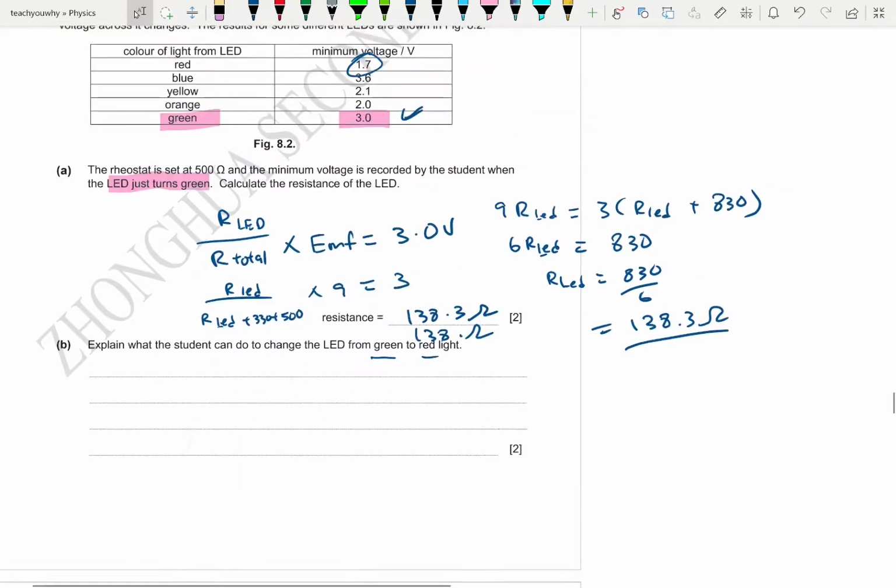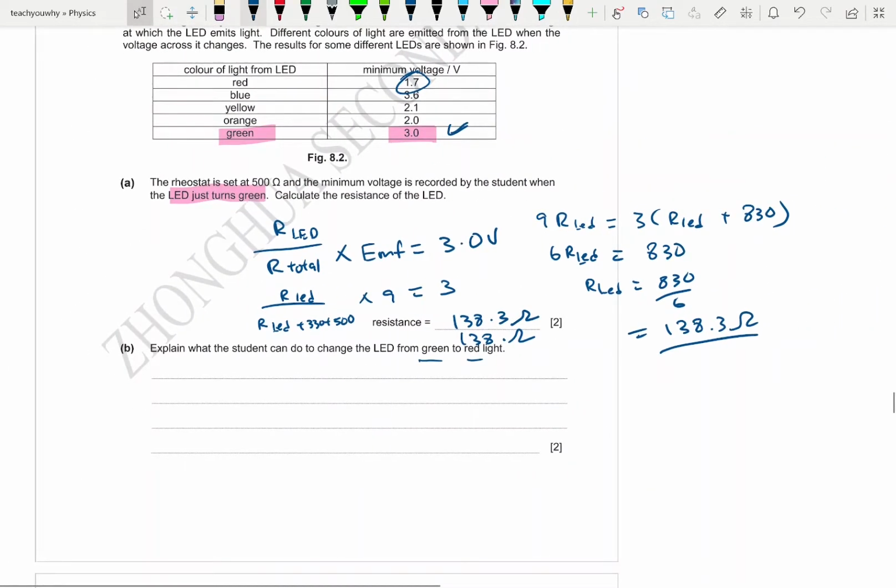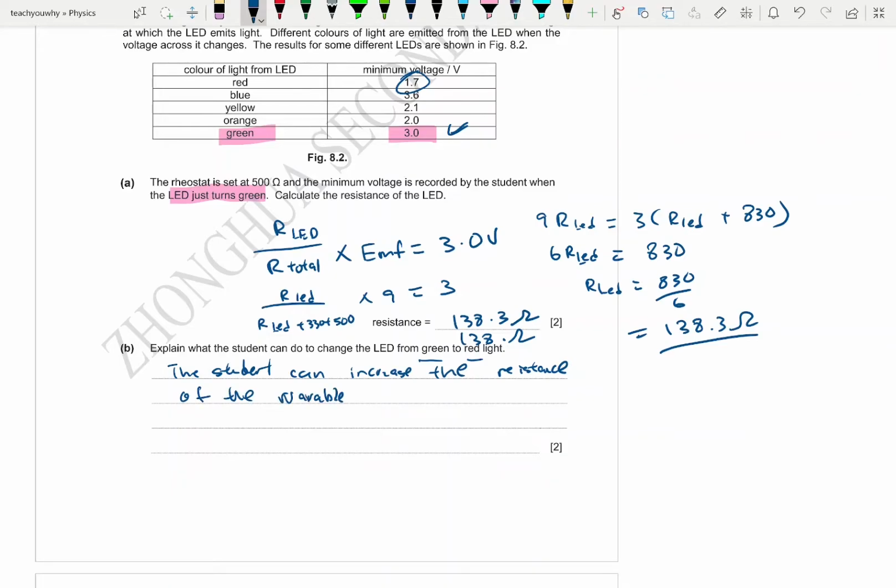Alright, so what the student can do is increase the resistance of the variable resistance.